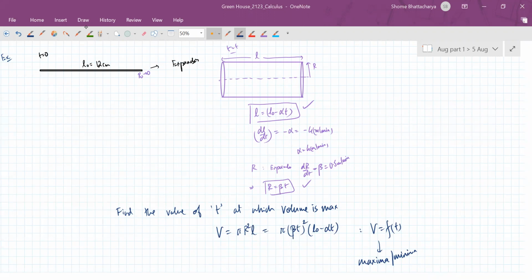We only have to find maxima or both maximum and minimum. In the question, actually, you have to find the value of time at which the volume is maximum. That time will come out to be an integer value in minutes. It was an integer answer type question.